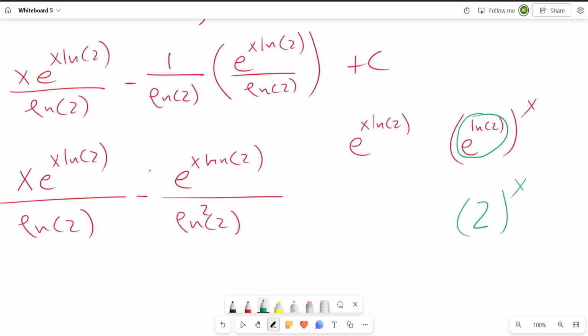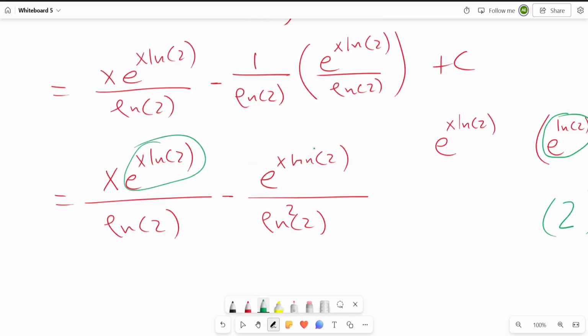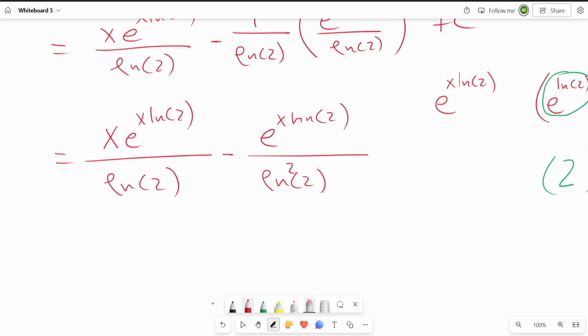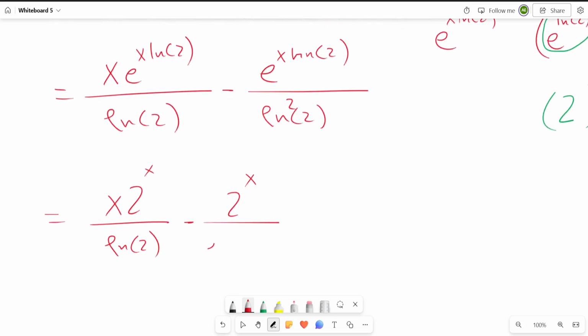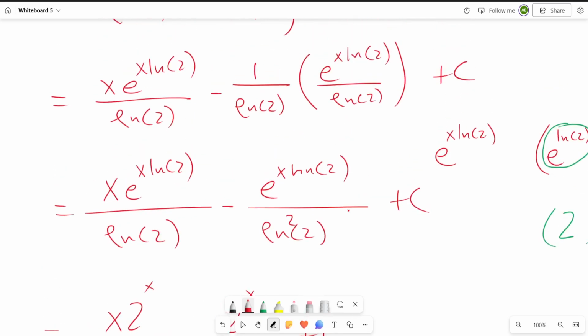So I can substitute this thing and this thing with basically 2 to the power of x, so my answer is going to equal x times 2 to the power of x over ln 2 minus 2 to the power of x over ln squared of 2. I can't forget my constant of integration, and this is how to solve this question.